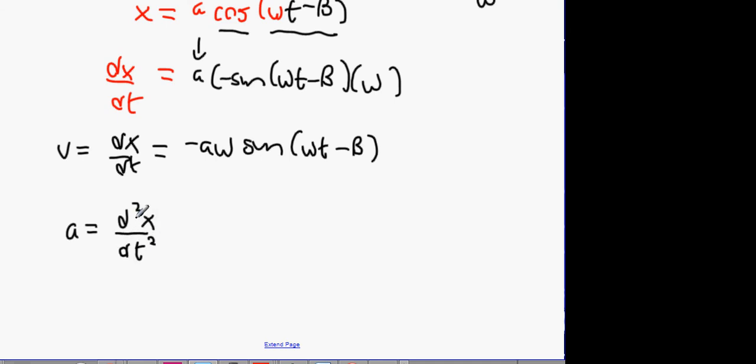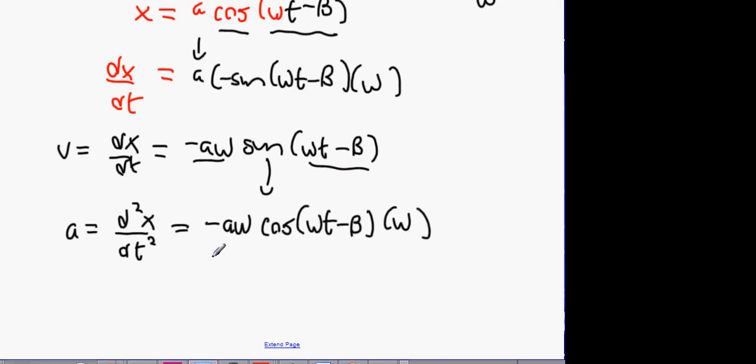You then change sine into cos. The angle never changes. And then finally, at the end, you differentiate the angle with respect to t. That gives you w. And what you're going to get here is minus a w squared cos(wt minus b).